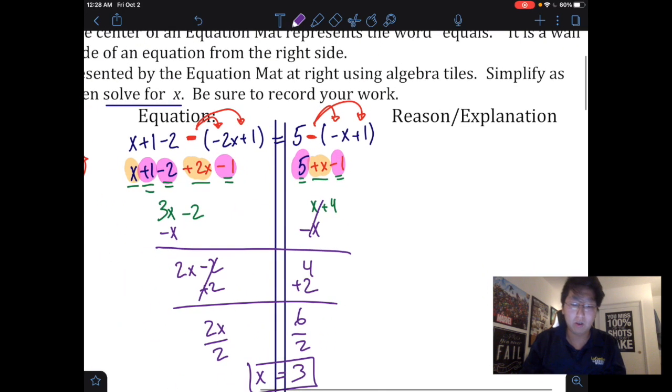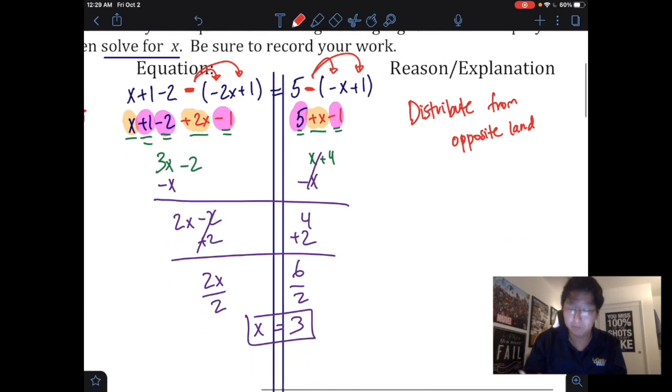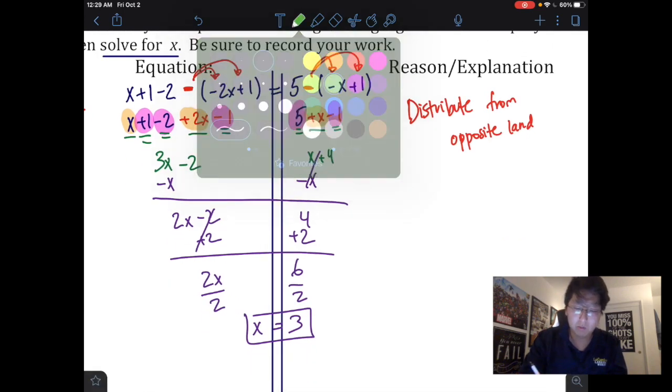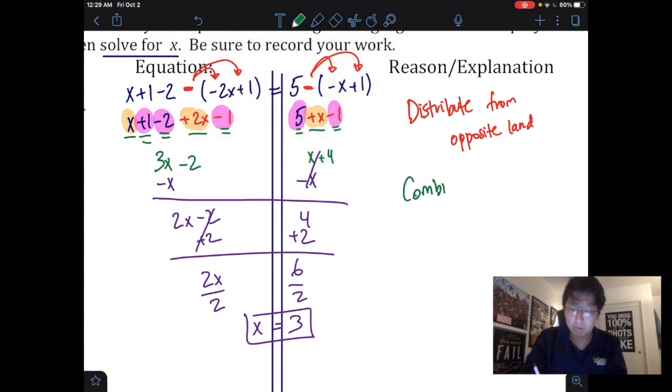Okay, so far, the first thing we did was distribute from opposite line, or flip from opposite line, and then we combine like terms.